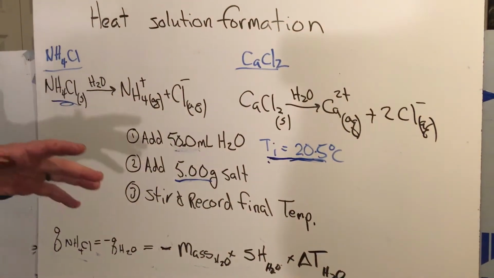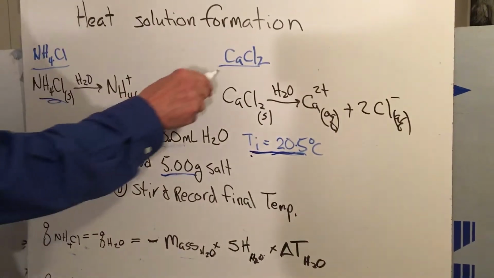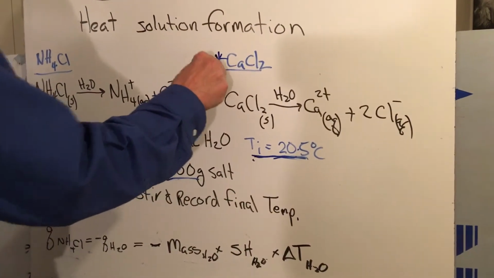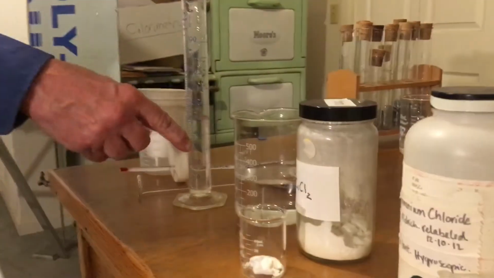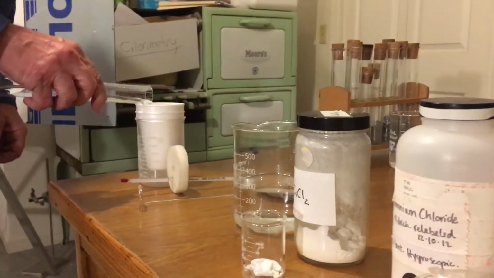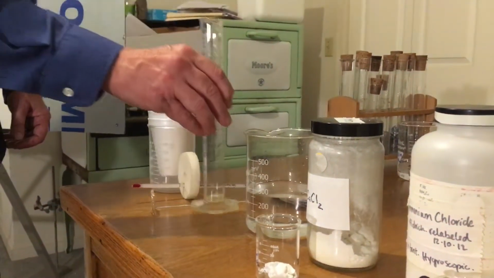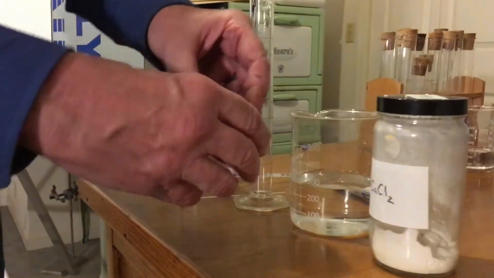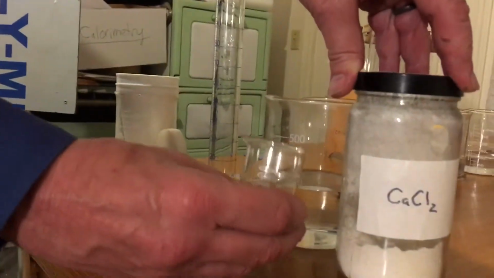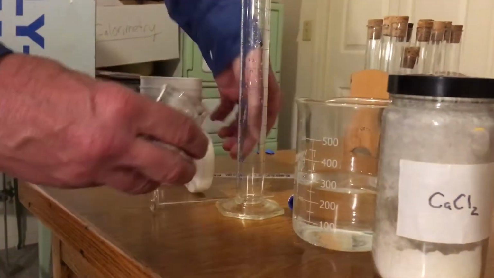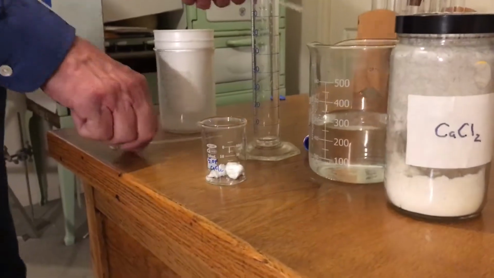So let's set up the experiment for calcium chloride. Let's do this one. And we come over here and we measure out 50 mL of water. This is water, add it to the calorimeter. And then we take 5 grams of our calcium chloride. I measured that out earlier. And I'm going to add that to the calorimeter.